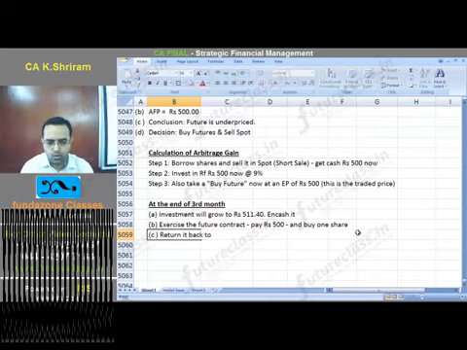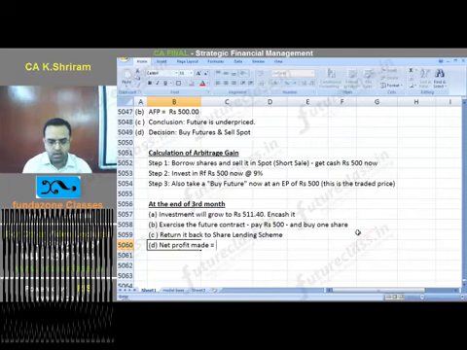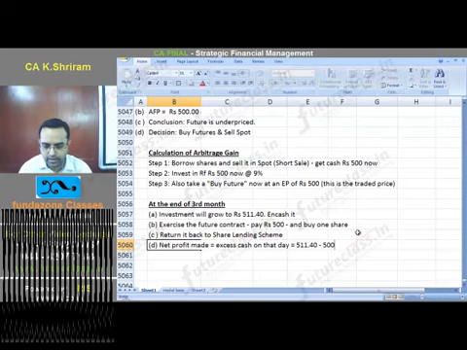Return it back to the share lending scheme. Net profit made: excess cash on that day, 511.40 minus 500, rupees 11.4. Arbitrage gain.